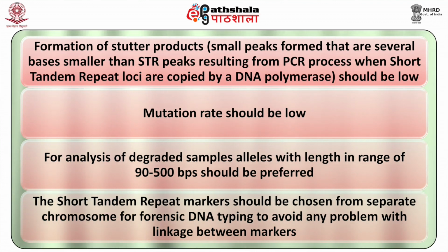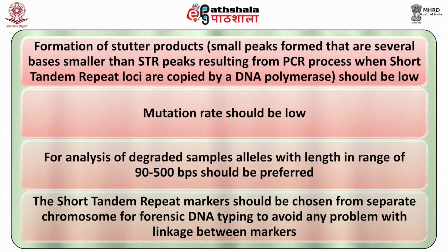Number 6, for analysis of degraded samples, alleles with length in the range of 90 to 500 base pairs should be preferred. Number 7, the short tandem repeat markers should be chosen from separate chromosomes for forensic DNA typing to avoid any problem with linkage between markers.